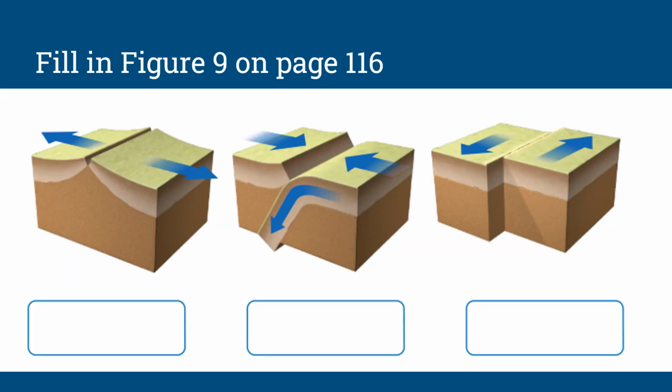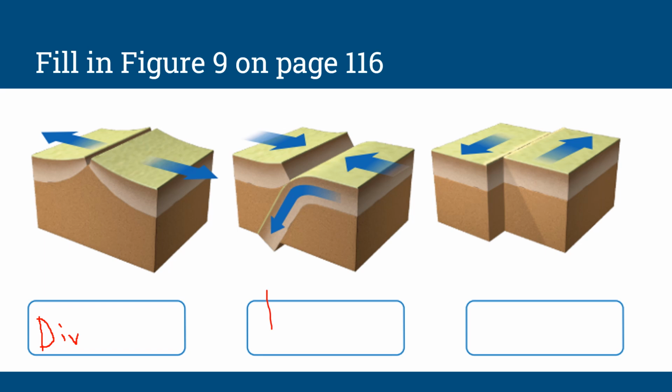So here we have figure 9 on page 116, and that's the types of plate boundaries. The 3 types of plate boundaries are modeled here. Label each illustration with the term that describes the boundary. So this first one, they're pulling away, and that is our divergent boundary. I'm only going to write DIV. You guys should write divergent. Here they're being pushed together, con meaning with, so together.